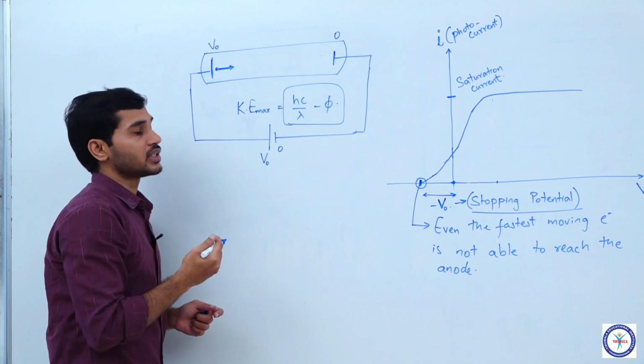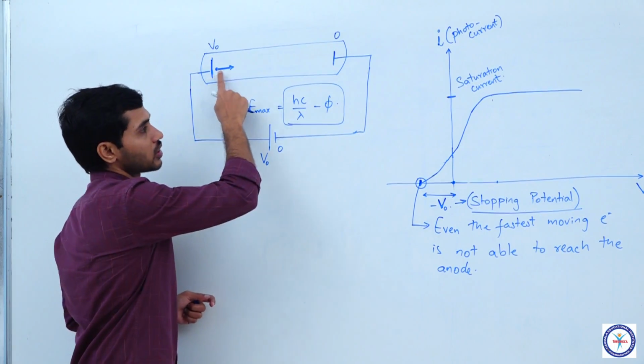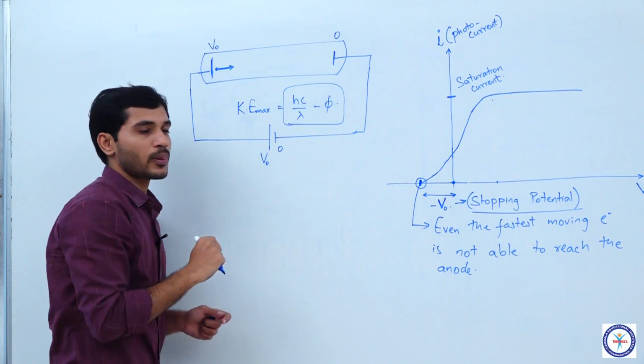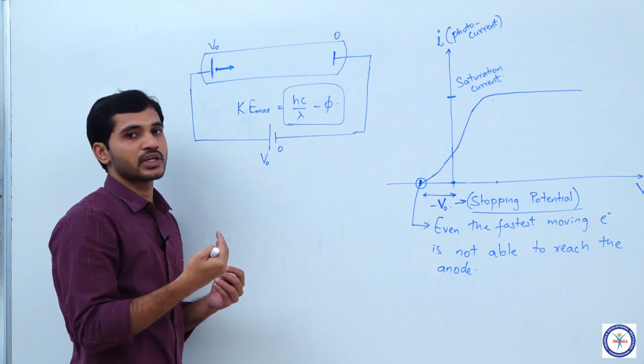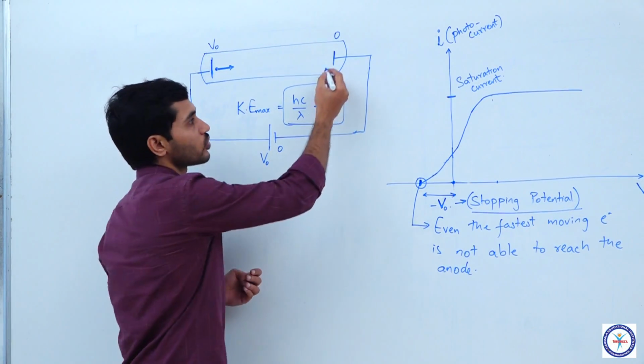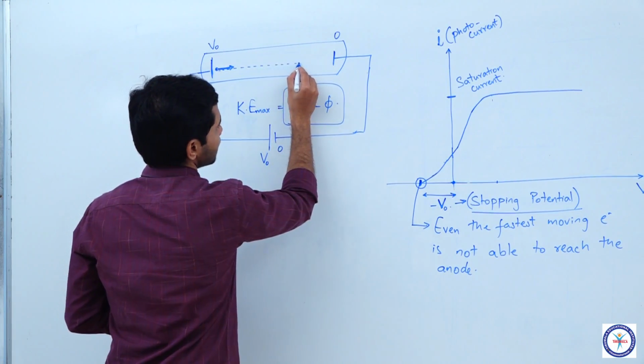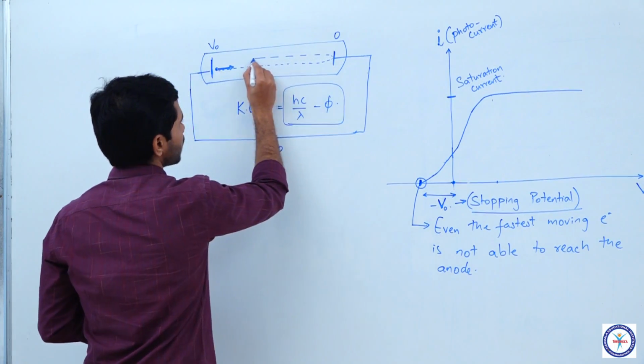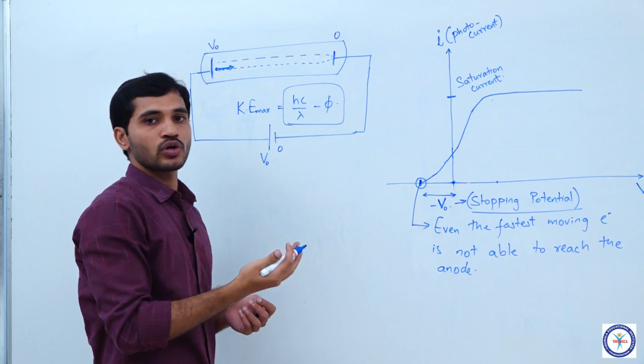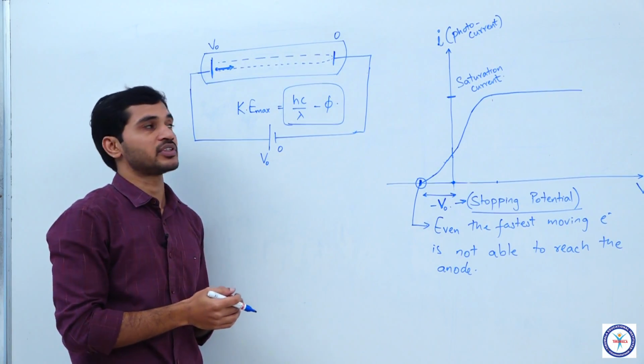Our idea is to make sure that this electron does not reach the anode, or just comes to rest before the anode. In a real scenario, the electron reaches here, turns back, and comes back. That is what we are trying to make happen.